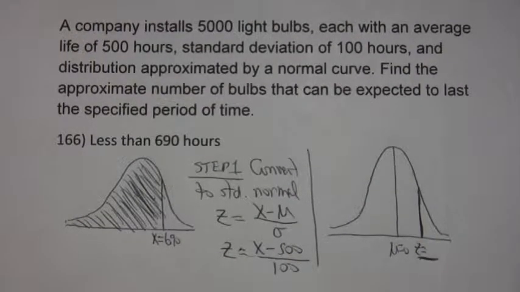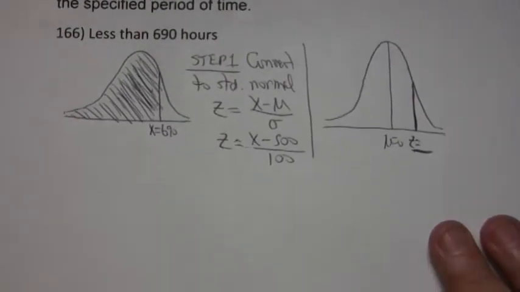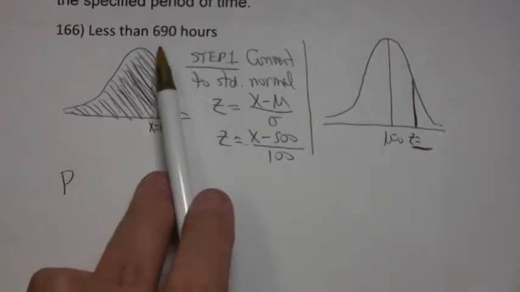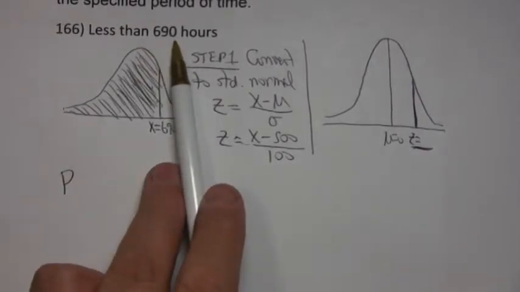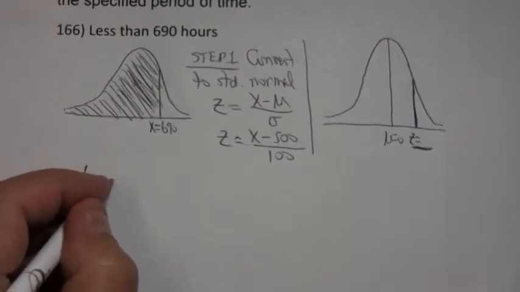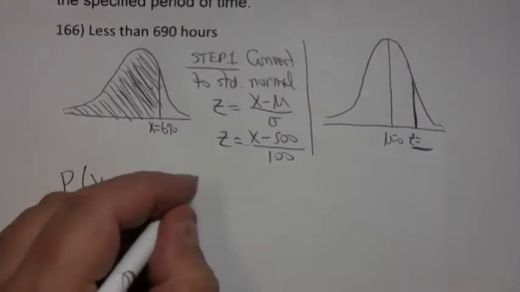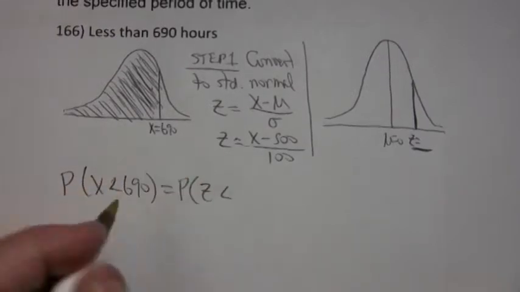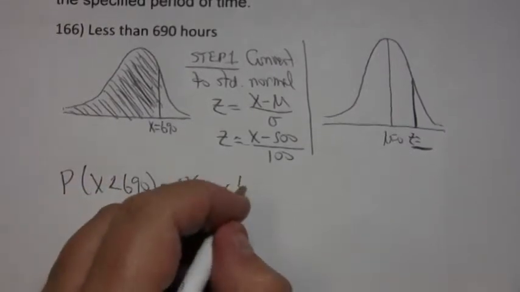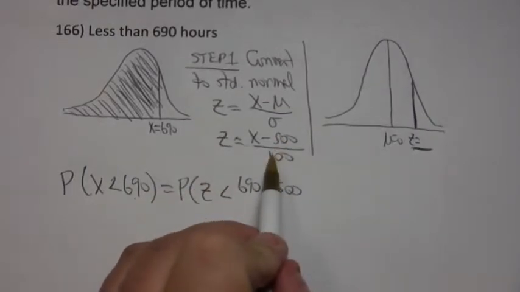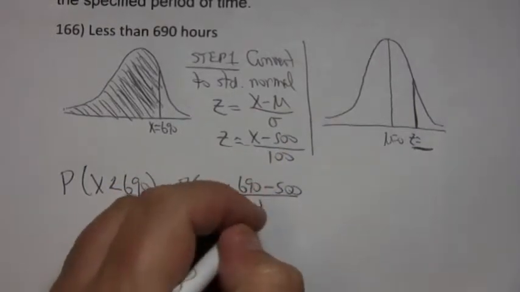So the bottom line, whether you draw these pictures or not, is this. The probability, which is what they asked for, that x is less than 690 hours is the same as the probability that the standard normal is less than that number minus the mean, which is 500, divided by the standard deviation, which is 100.